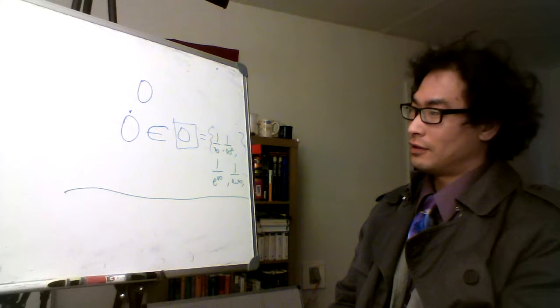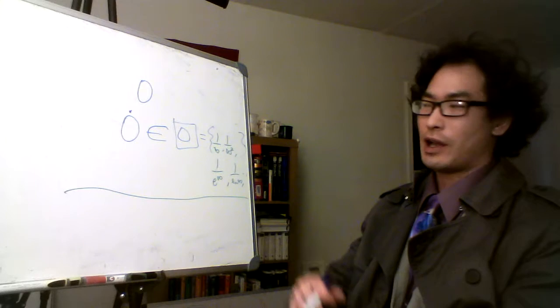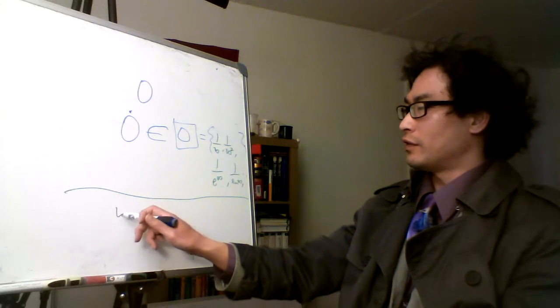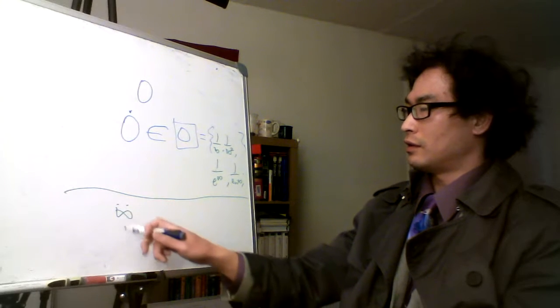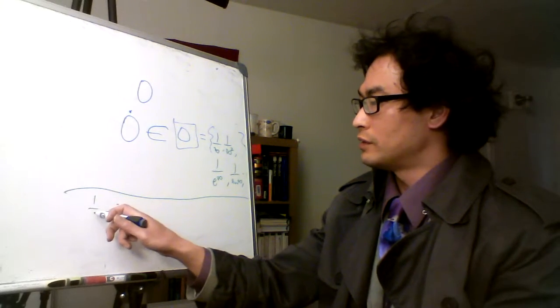Now, downstairs we have something like a mirror image of that. We have absolute infinity. Infinity double-dot is equal to 1 over true 0.